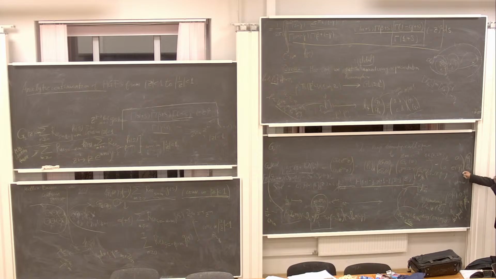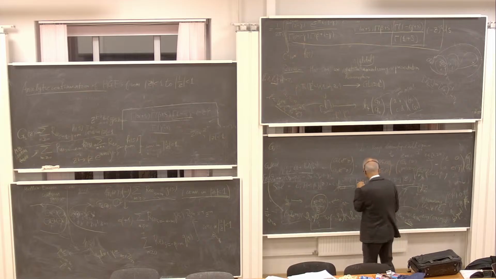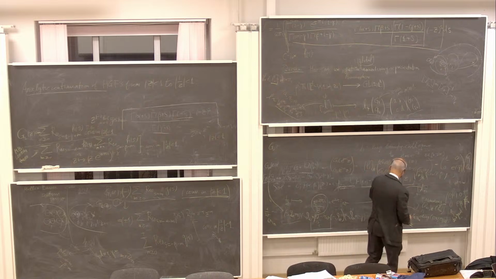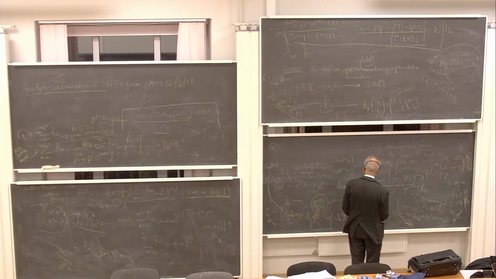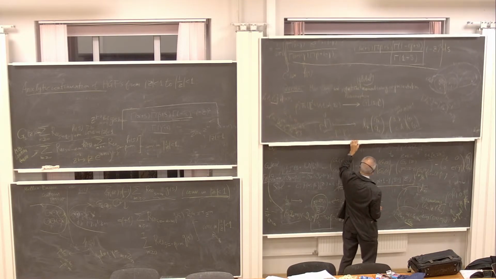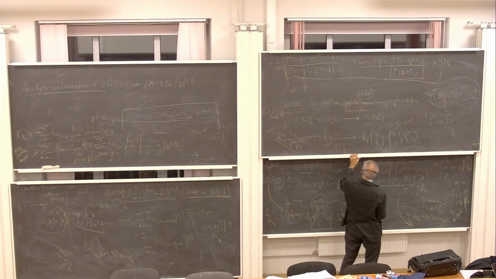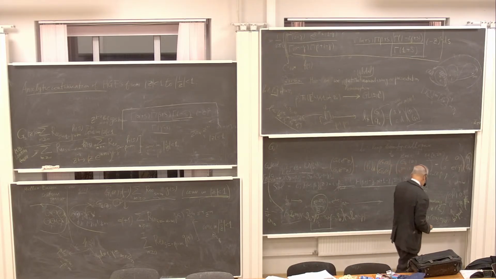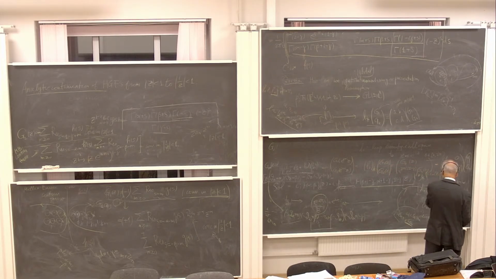With respect to this basis, G1, G2, the monodromy representation is very, very simple at 0. And the situation is quite similar at infinity, for another basis.